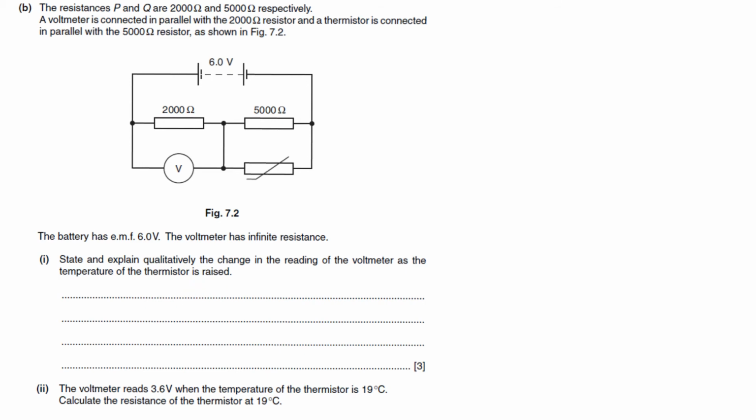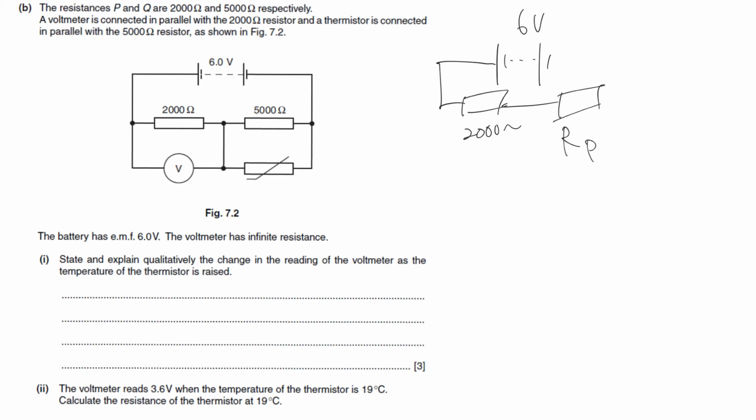Now, what I need you to do is maybe redraw the circuit so it's easier to imagine. So remember, this is a 6 volts battery connected to 2000 ohm. Now, can you see that the 5000 and the thermistor can be found as a total parallel resistance? Okay, and the voltmeter, because it has infinite resistance, we leave it there.